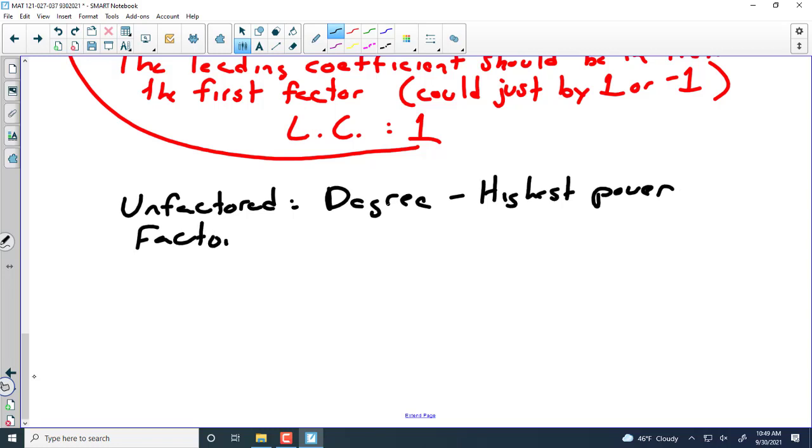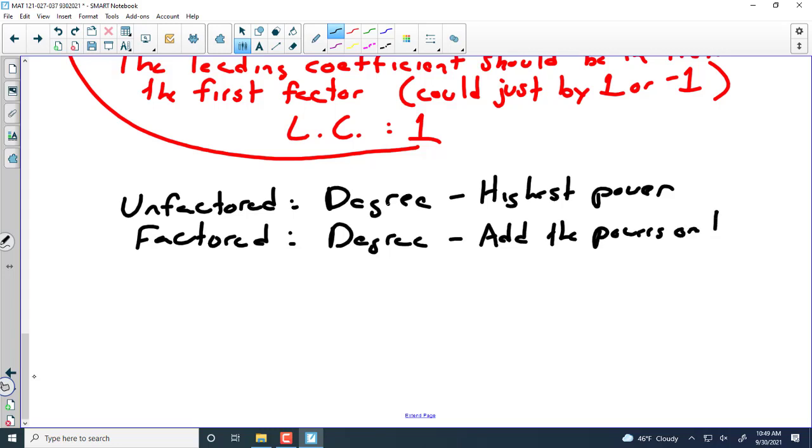If it's factored, degree is add the powers on the factors. And like anything else in math, this will take us some practice to do, but we can do it. We'll be all right. As long as we know that's something we have to look for.